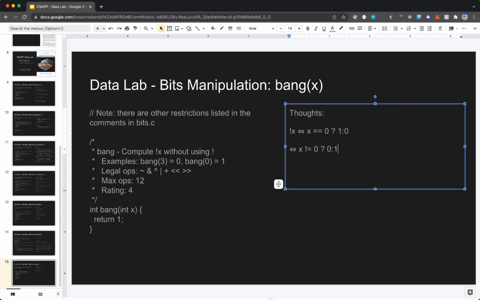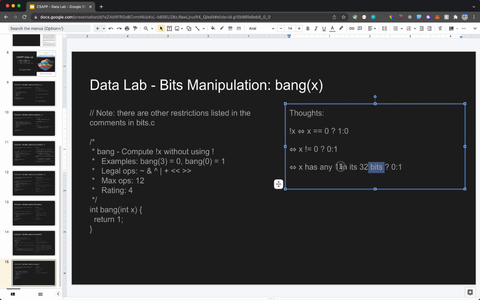If we look through the length of bits, x not equal to 0 really means if x has any 1 in its 32 bits, then we return 0, otherwise we return 1.